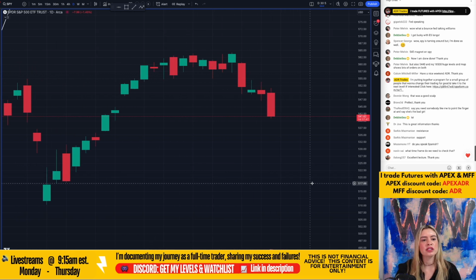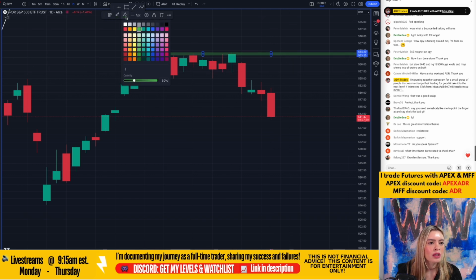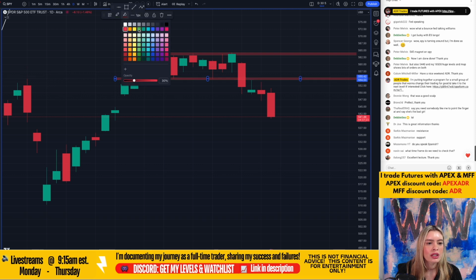So the first thing I see is we have a clear top here. I like to see at least 2-3 touches of a level for me to really know if that level is important or not. It was clear support at that time.